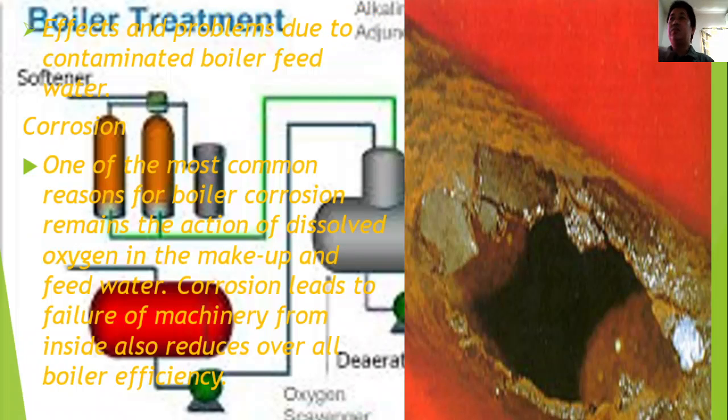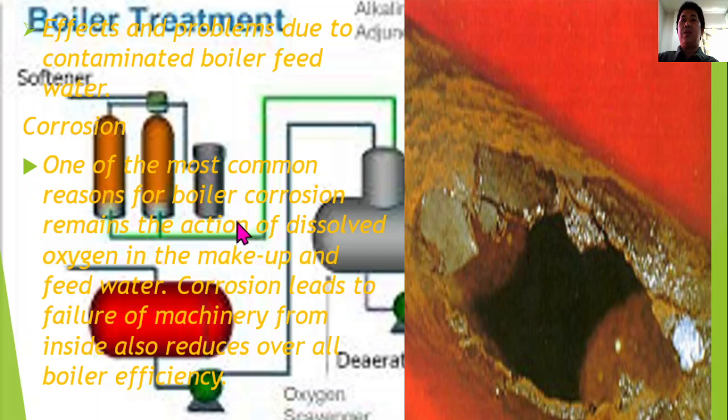Next, we have here effects and problems due to contaminated boiler feed water. So we have corrosion. As you can see here on the right, we have a corroded boiler tube. One of the most common reasons for boiler corrosion remains the action of dissolved oxygen in makeup and feed water.